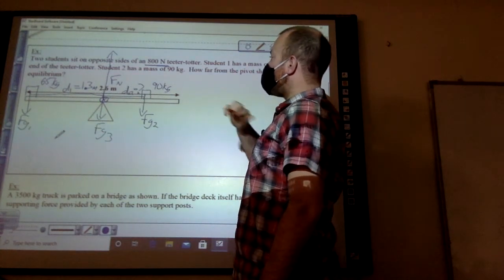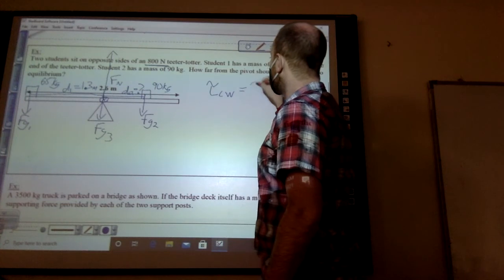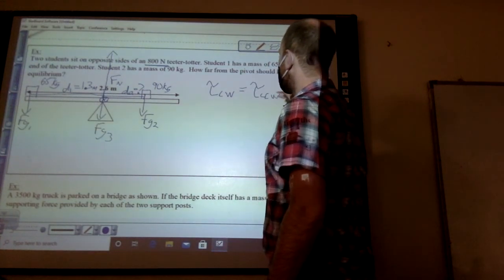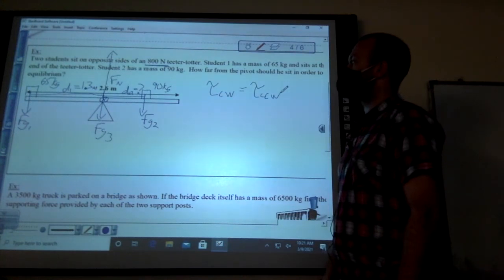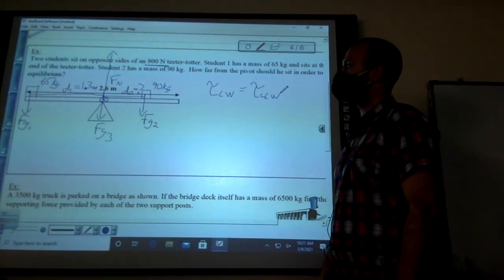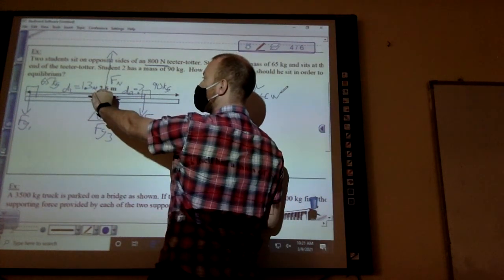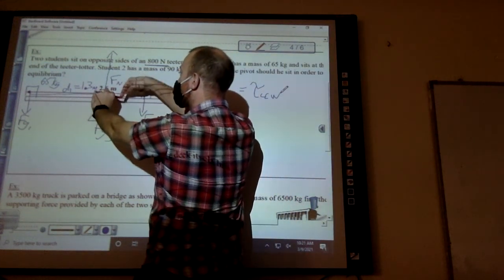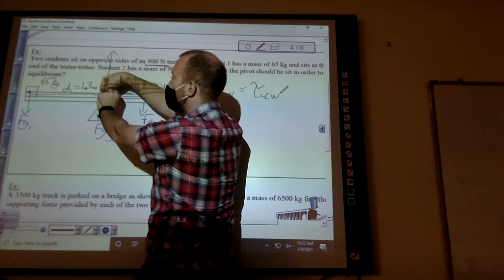So if I want to know about the pivot point, let's look at torque clockwise equals torque counterclockwise. What is my clockwise force in this case? FG2. If I put my pen at the pivot point, this force causes clockwise rotation. This force, counterclockwise.